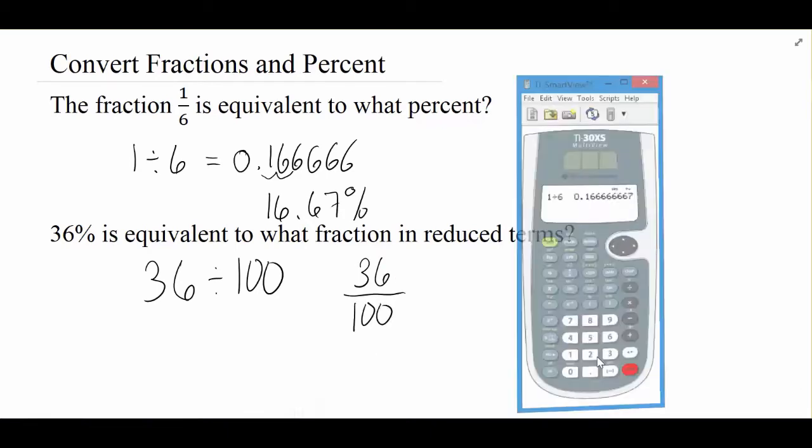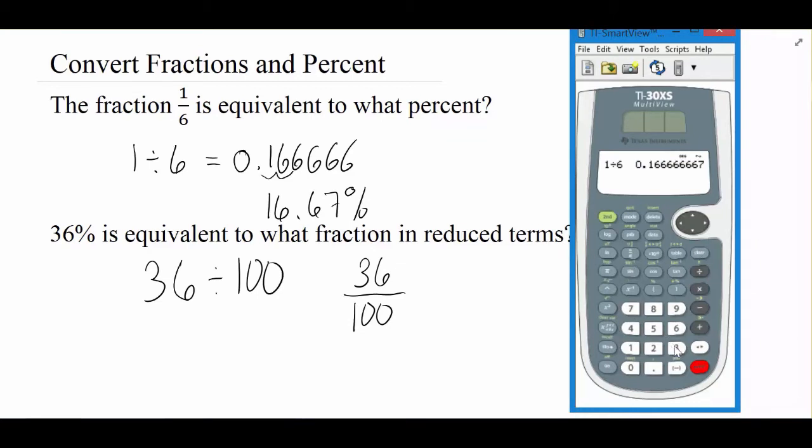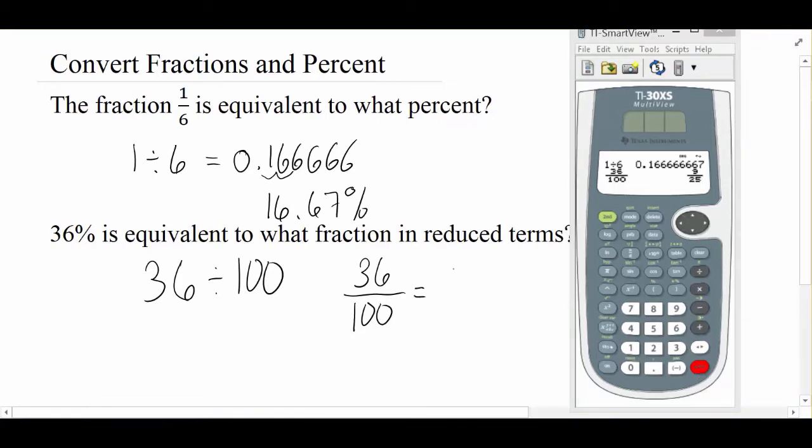Our calculators make this easy because it reduces fractions for us. We could put in 36 over 100, and it's going to reduce that fraction for us down to 9/25. And that way we don't have to worry too much about all the reducing of fractions. Make sure you do that, though, because it is always proper to leave a reduced fraction as your answer.